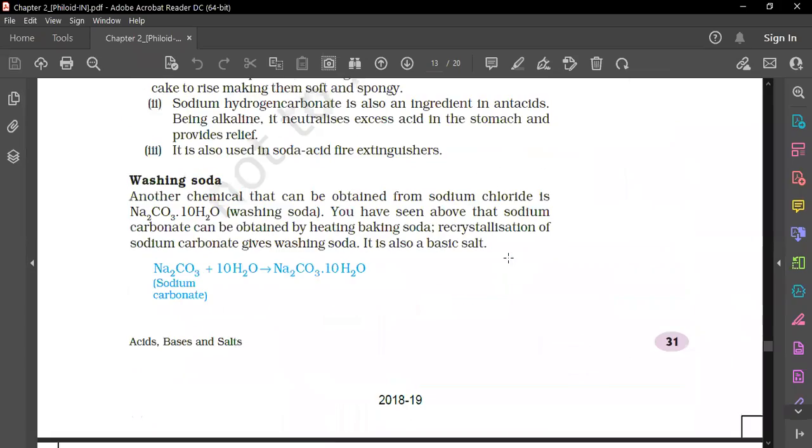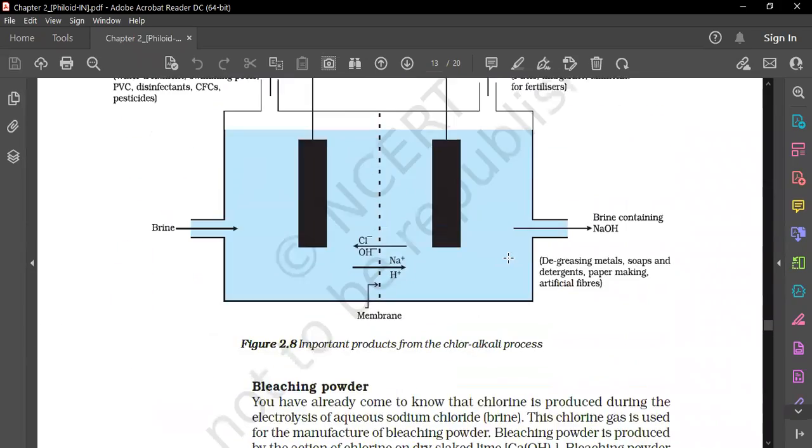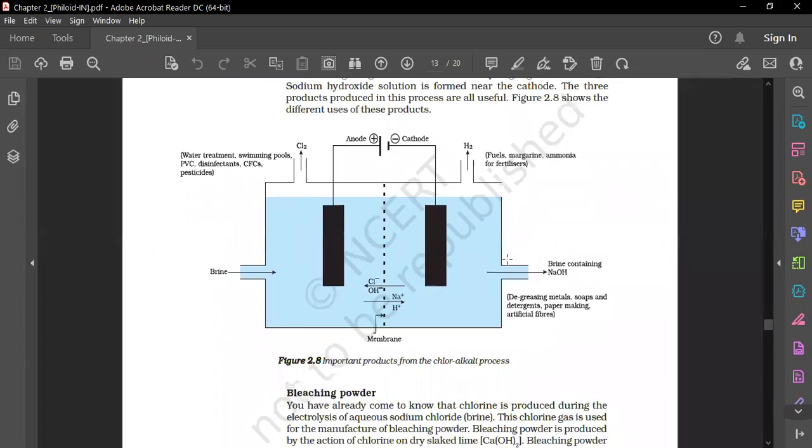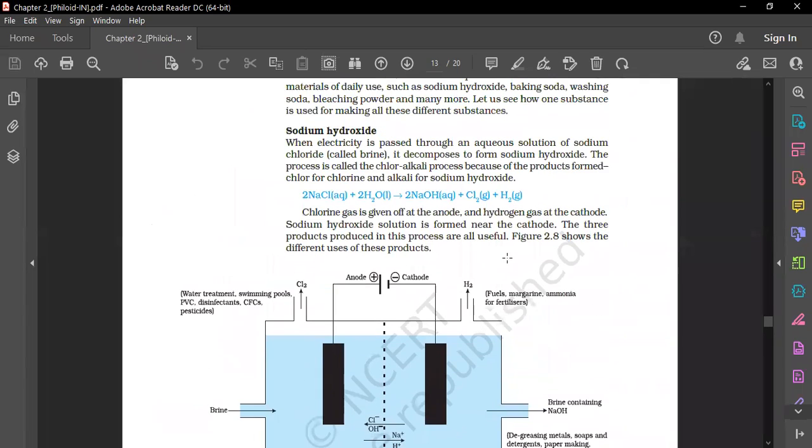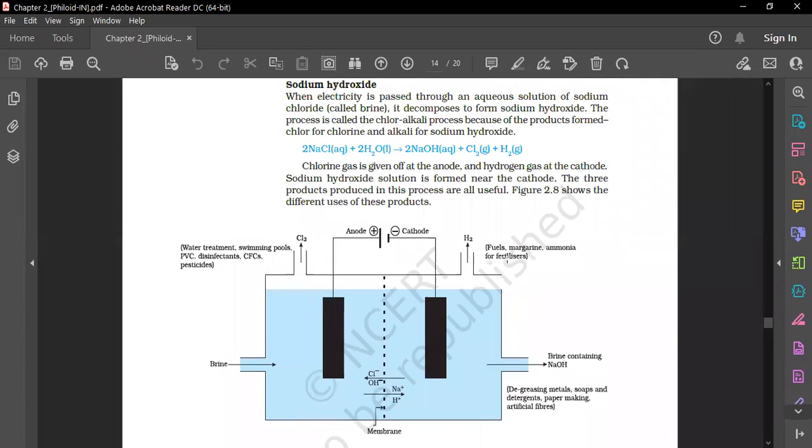Can you see the textbook now? Yes, sir. Okay. Now this is the electrolysis bath.